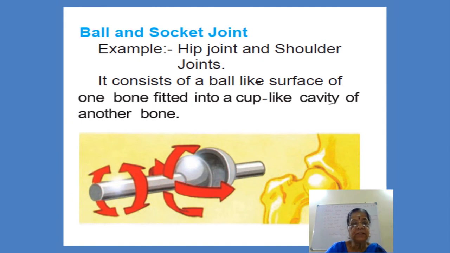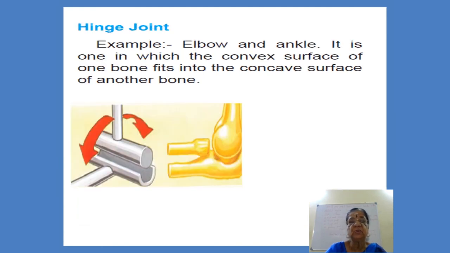The next one is the ball and socket joint. Example, hip joint and shoulder joint. It consists of a ball-like surface of one bone fitted into a cup-like cavity of another bone. This is the ball and this is the socket. Example, hip joint and shoulder joint.